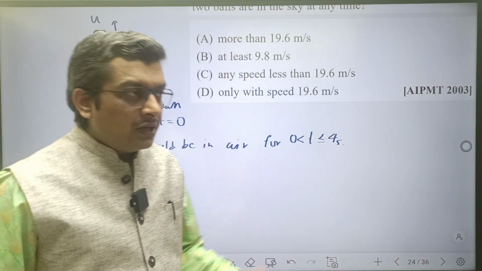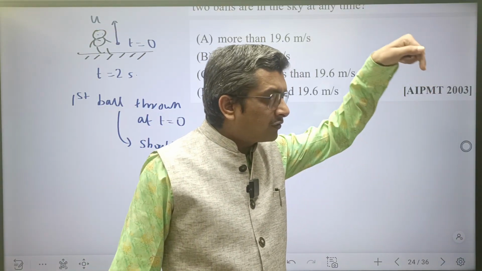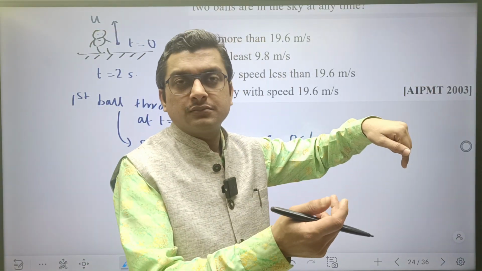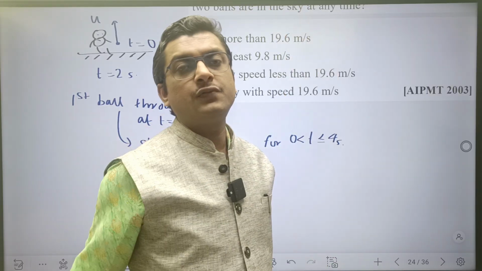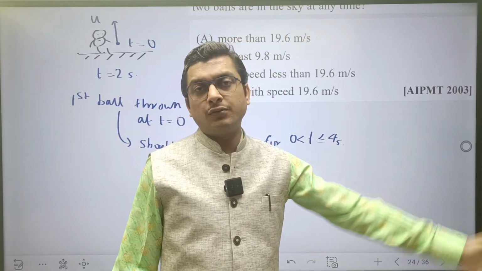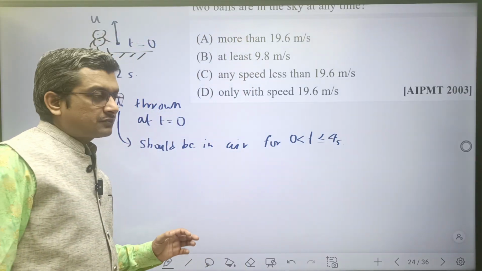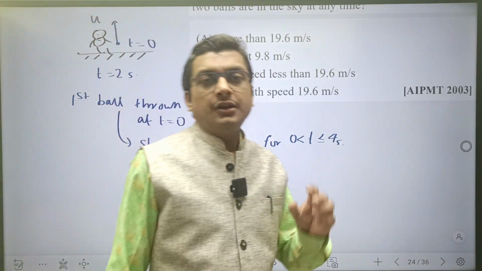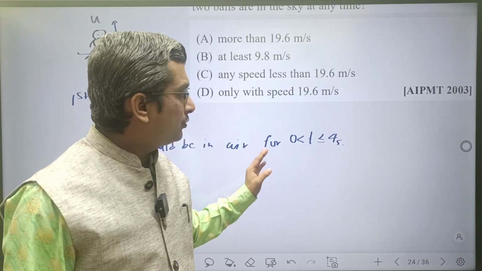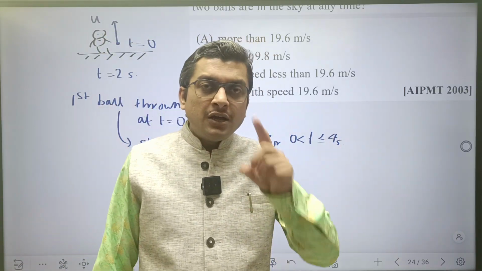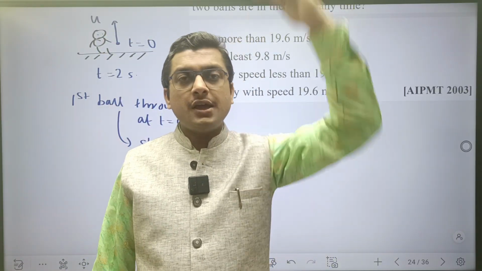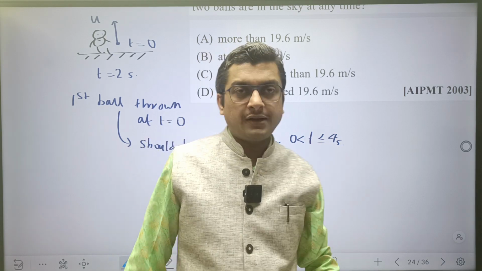Then if at t equal to 4 seconds it strikes the ground, the third ball will be thrown at t equal to 4 seconds, because the balls are thrown at regular intervals of 2 seconds, isn't it? So the minimum time must be from t equal to 0 to t equal to 4 seconds. It means that one ball must be in the air for these 4 seconds.